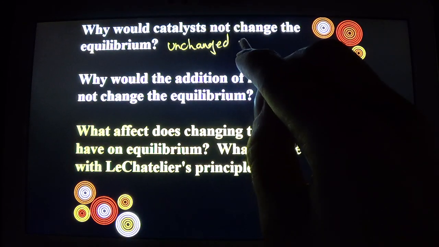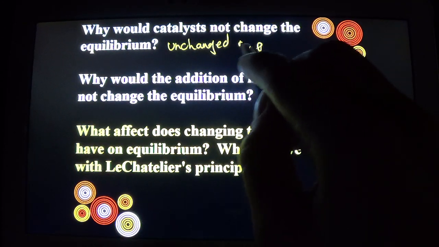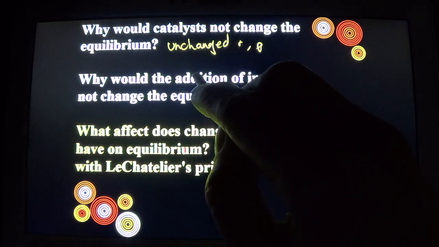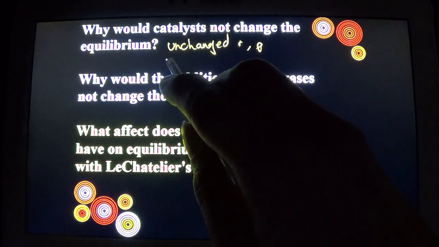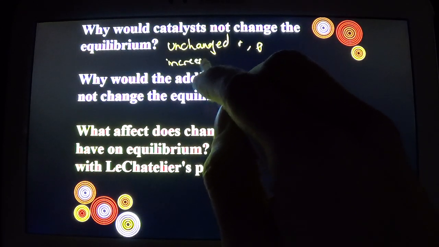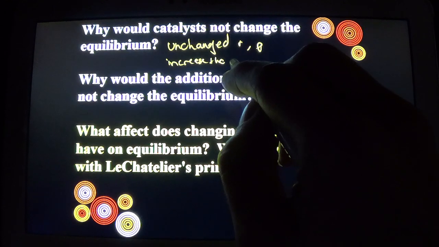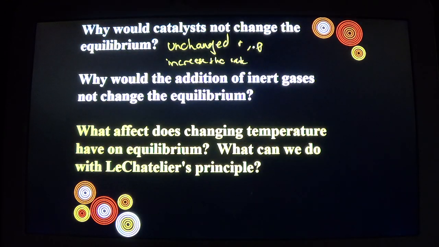So it starts as a reactant and ends as a product. You don't use up the catalyst. Also, it increases the rate. That's our definition from kinetics. It remains unchanged, so it's not used up, and it increases the rate.